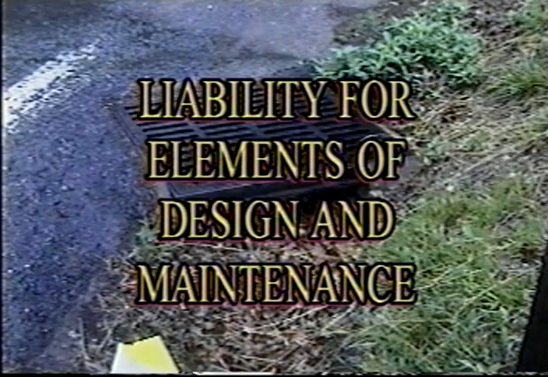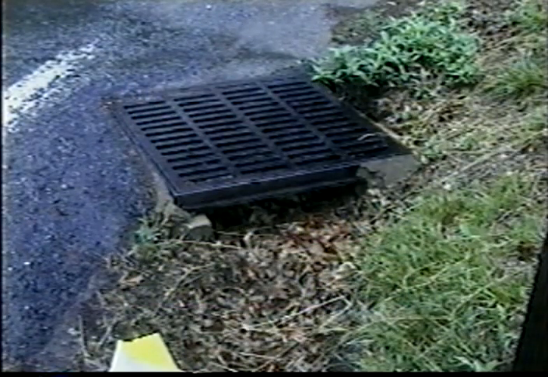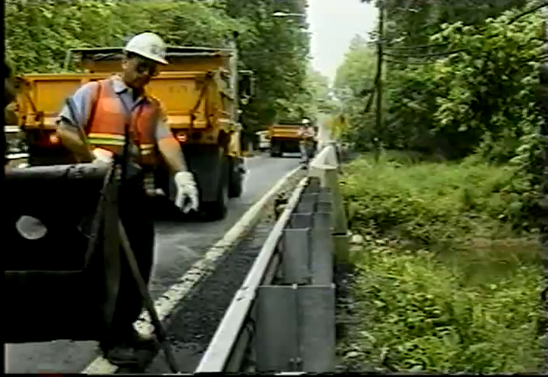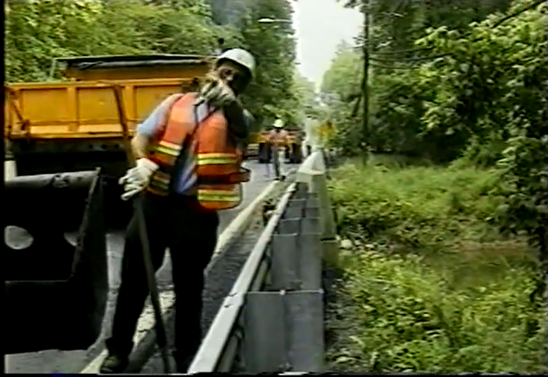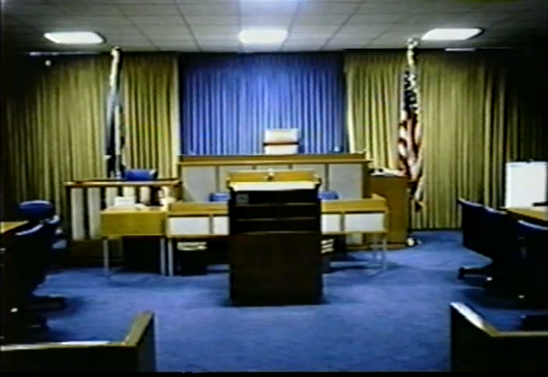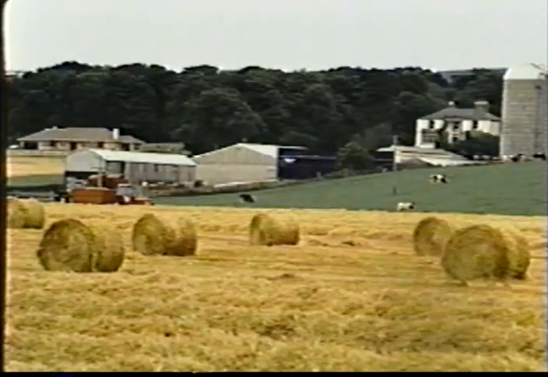Liability for accidents caused by elements of design and maintenance are also an area of concern for public agencies. Most liability claims stem from maintenance deficiencies. The lack of timely maintenance or repair work to correct known problems can increase the possibility of legal action, particularly if the public is injured or land or buildings or crops are damaged through the negligence by the highway agency.